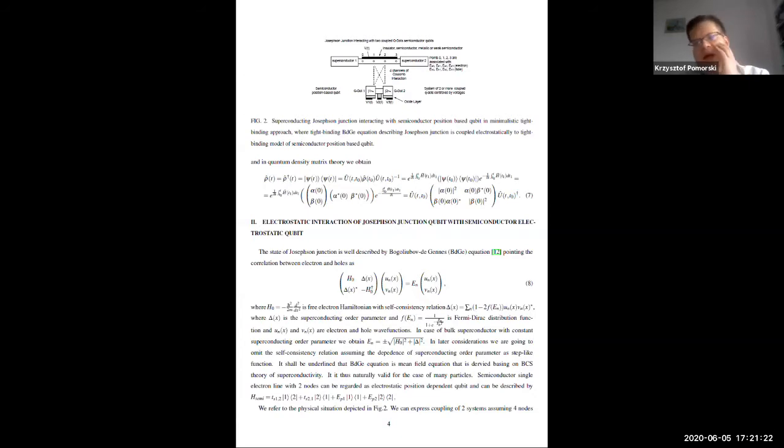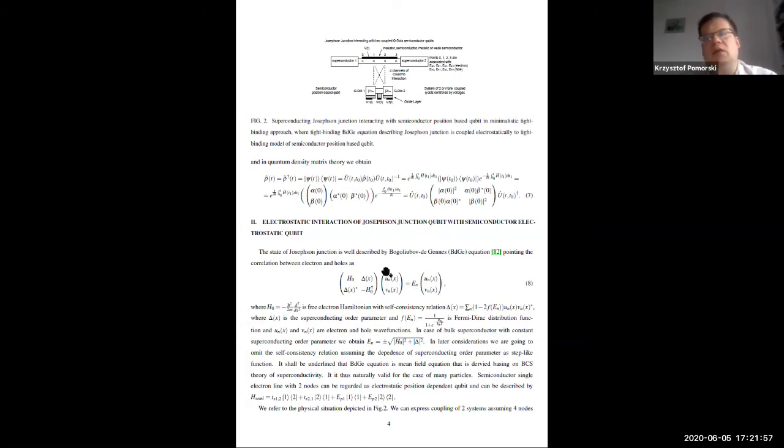Most general considerations will lead us to the eigenenergy spectrum: E_n squared is equal to H0 squared plus the modulus of delta squared, and then the superconducting order parameter plays the role of a kind of rest mass in a particle.